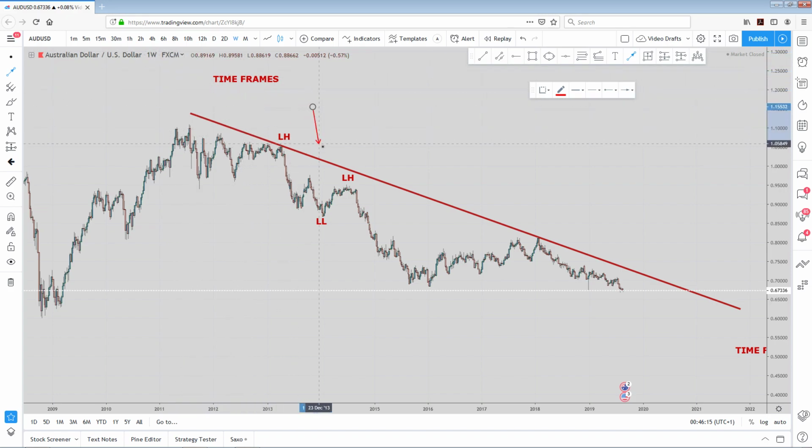But just notice that right now we're on the weekly, and since we're making lower highs and lower lows, we're obviously still in a downtrend. The definition of a downtrend is making lower lows and lower highs. So on the weekly, we are still in a downtrend.